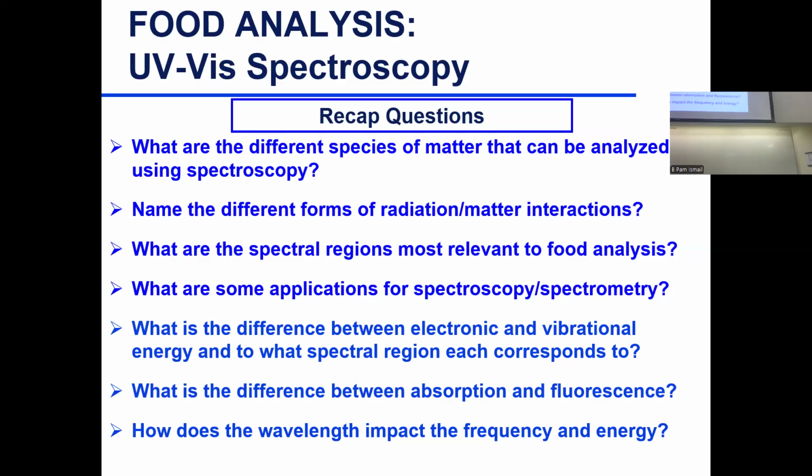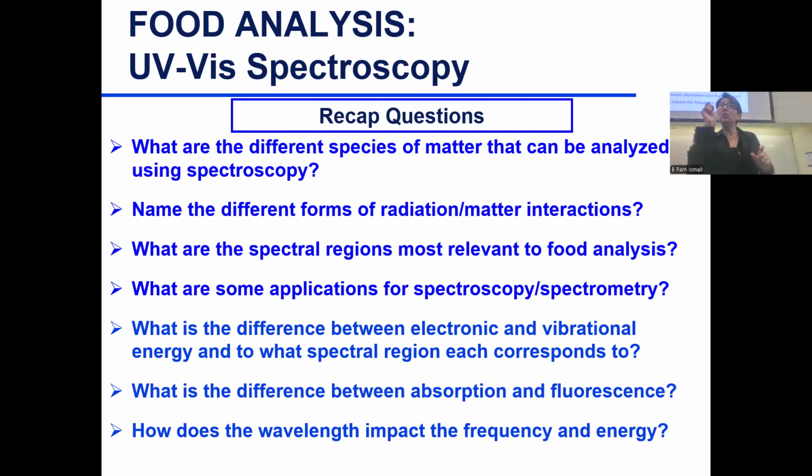So scattering of light, refraction of light, like in refractive index, diffraction of light when the light is broken or divided into different wavelengths. These are all called interactions of light and matter: absorption, emission, scattering, diffraction, refraction.